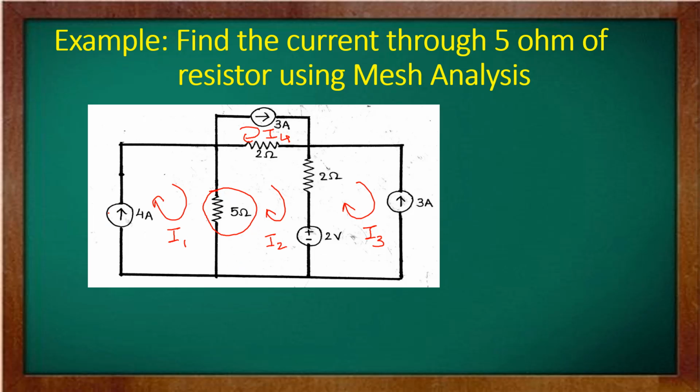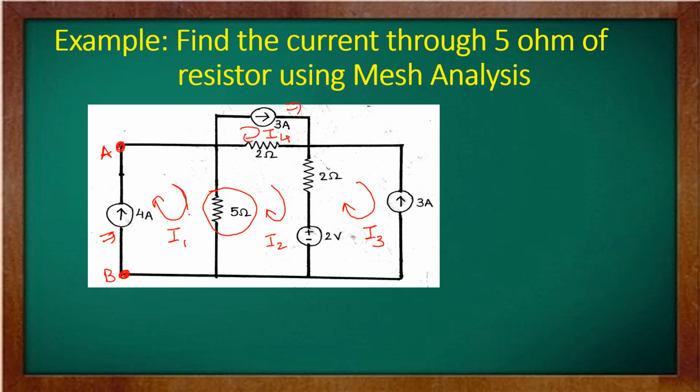Now see here, in this network there are three current sources: 4 ampere, 3 ampere and 3 ampere. First consider this loop. The 4 ampere is the current flowing in this particular branch, say AB. That is given to us.